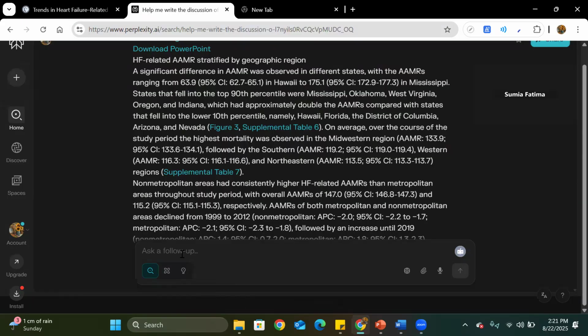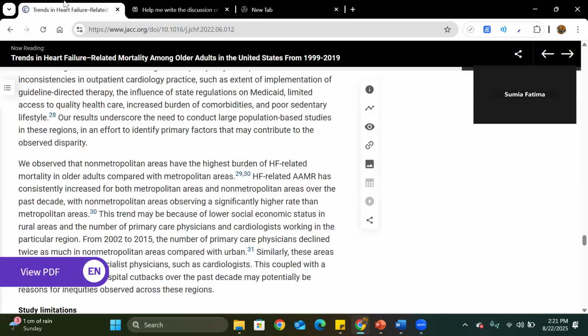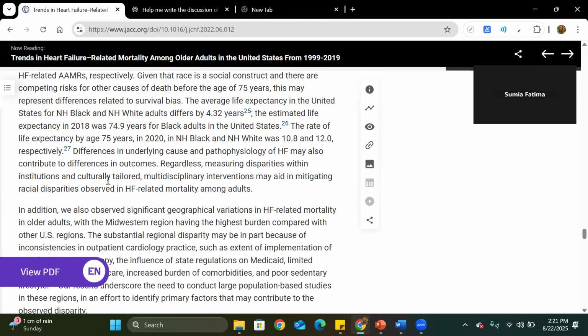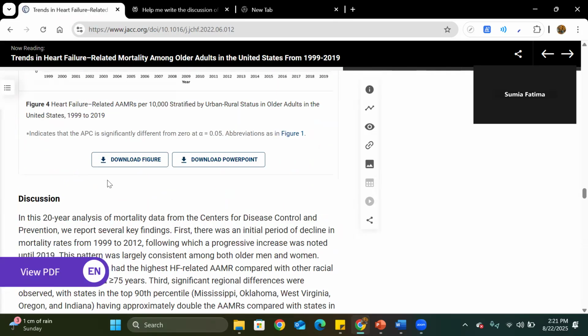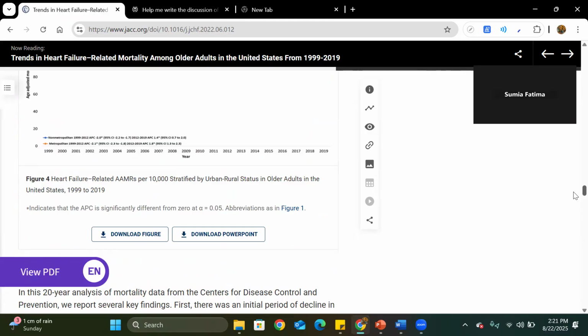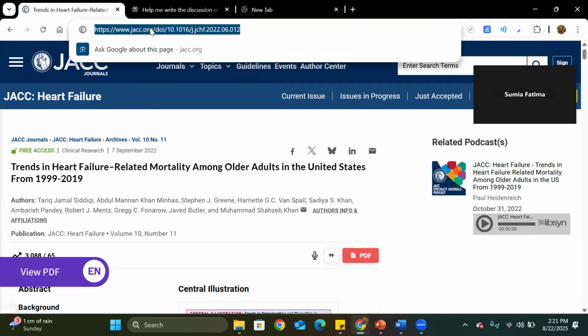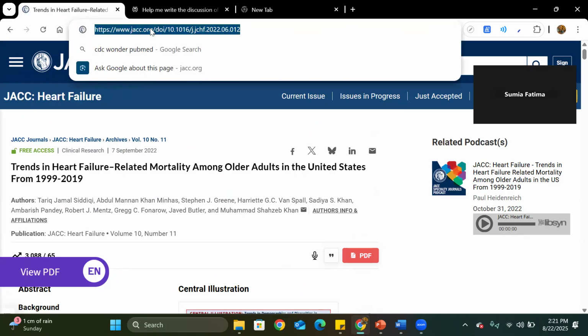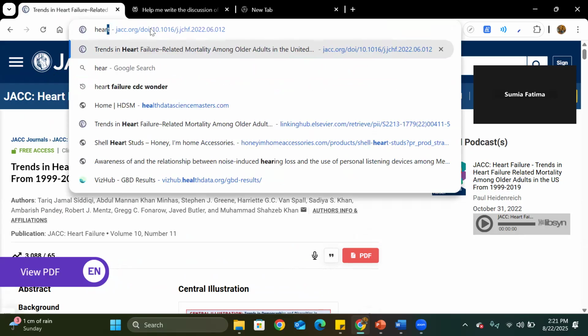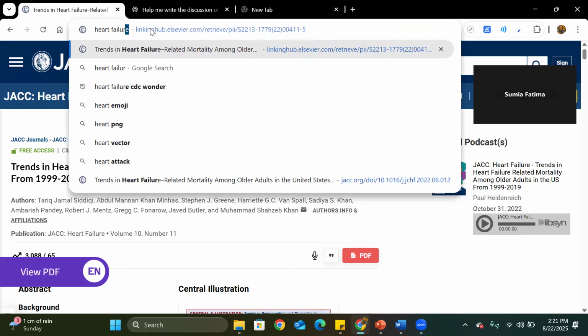So the first thing I do is mostly I find articles that are related to my article, and then I see where they are published. Okay, for example, I have done research on heart failure and it's published in the Journal of American College of Cardiology. Once again I search more: heart failure, CDC WONDER analysis.